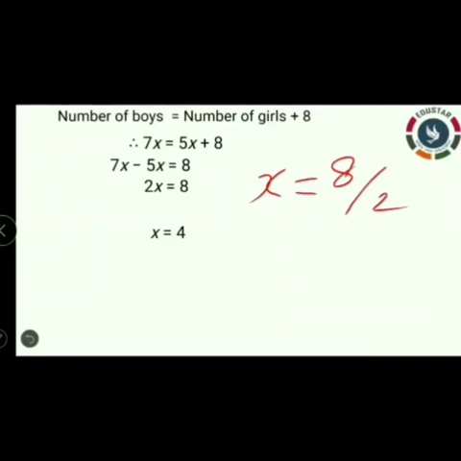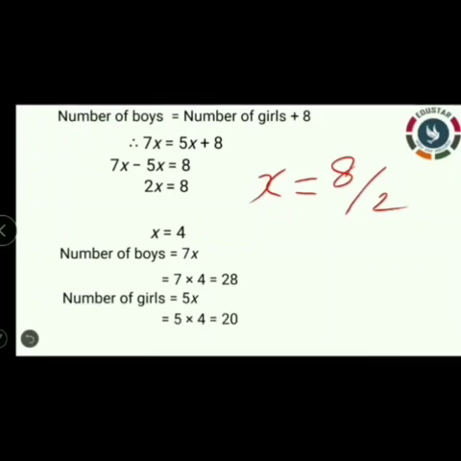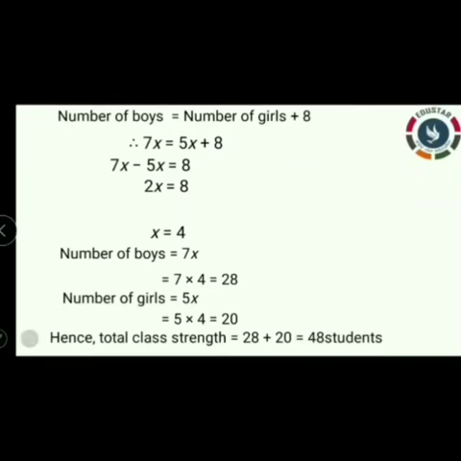So from this, number of boys 7x is equal to 7 into 4, 28. Number of girls we have denoted 5x, so 5 into 4, 20. Finally we are going to find the total class strength. So 28 plus 20 is equal to 48 students. Here we are going to verify the answer.